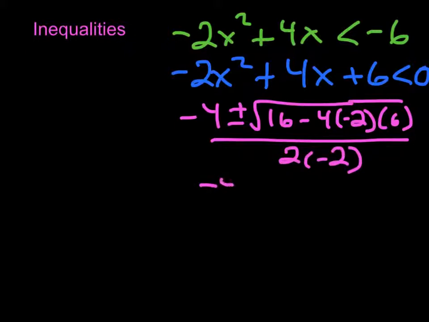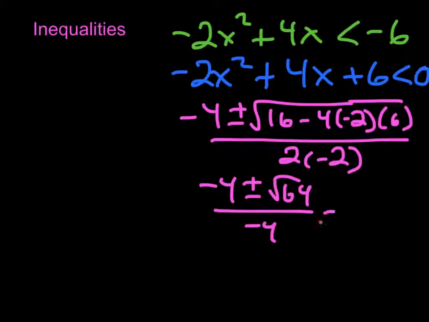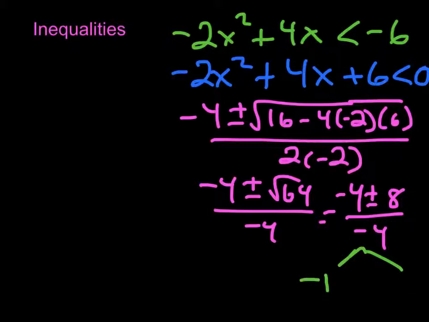I end up getting 4 plus or minus the square root of 64, all over negative 4, which is negative 4 plus or minus 8, all over negative 4. I'm assuming you know how to evaluate those. You're going to get two different values, right? I already did this ahead of time: negative 1 and positive 3.